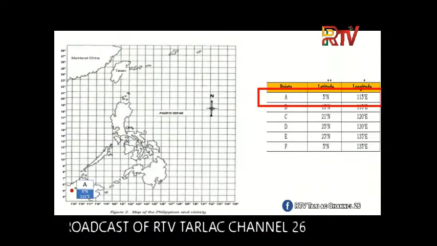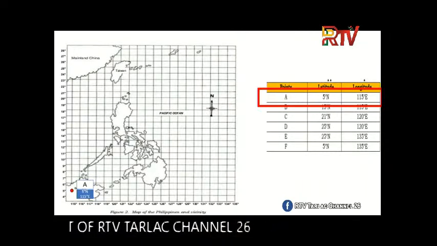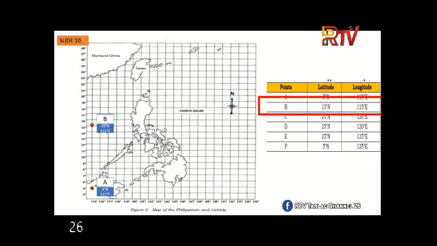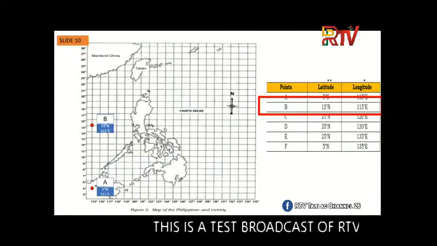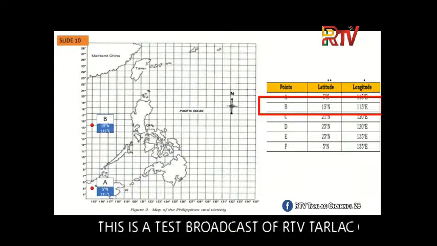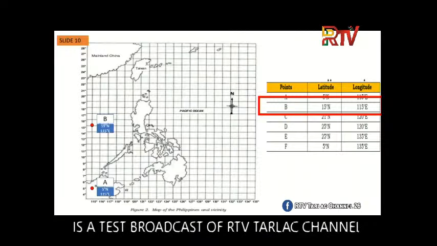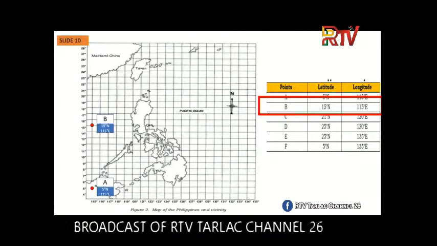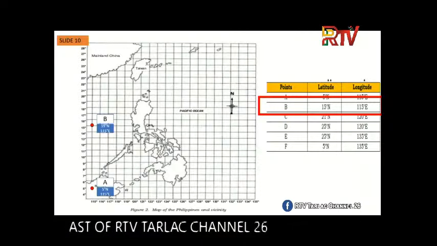There you have it, point A. Now, let us plot point B and write a dot where 15 degrees north and 115 degrees east meet. Were you able to find their intersection? Good job, grade 8!